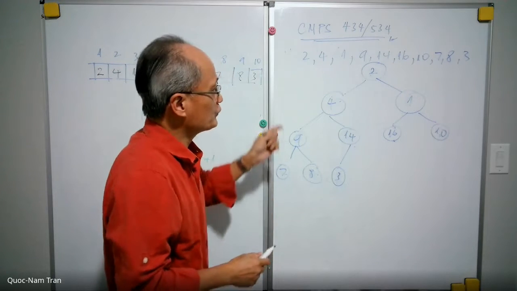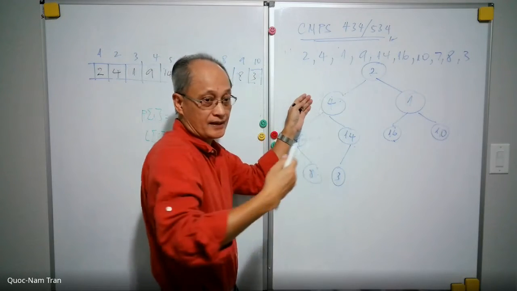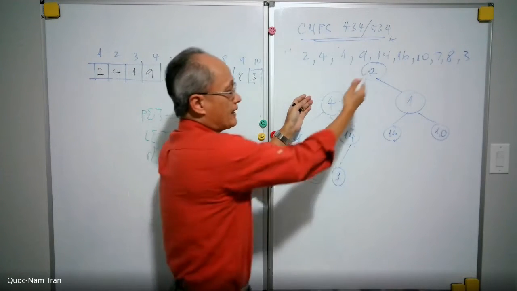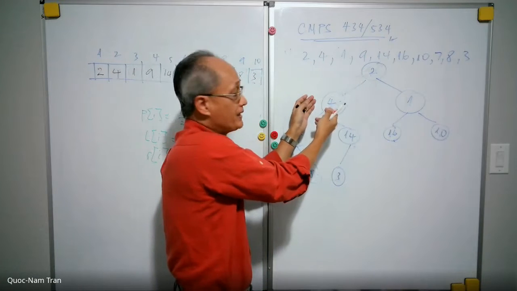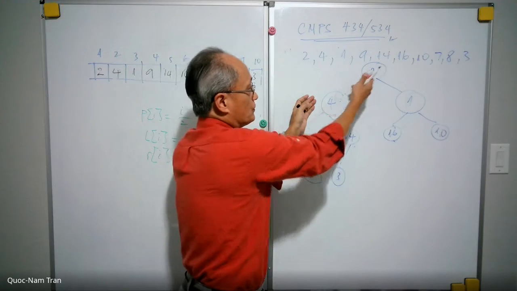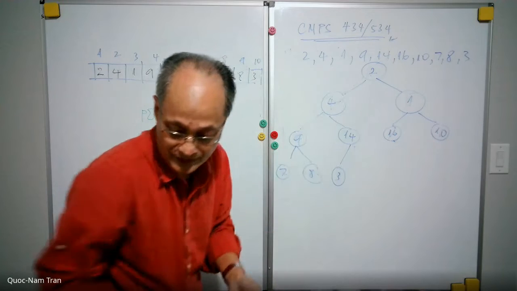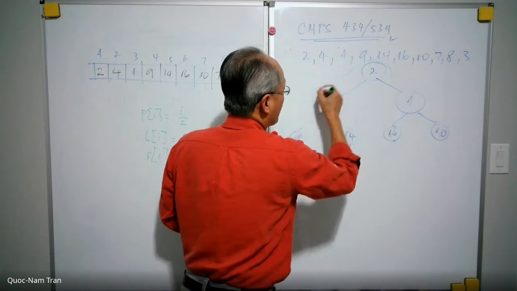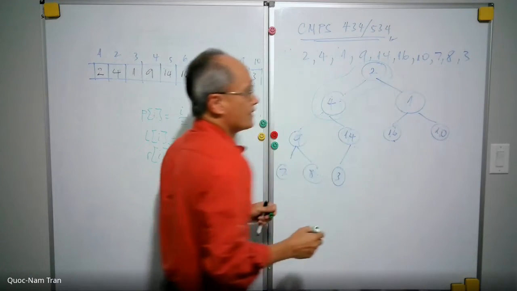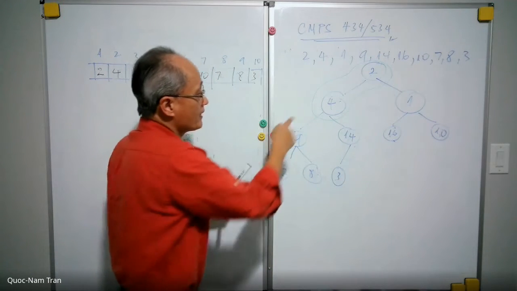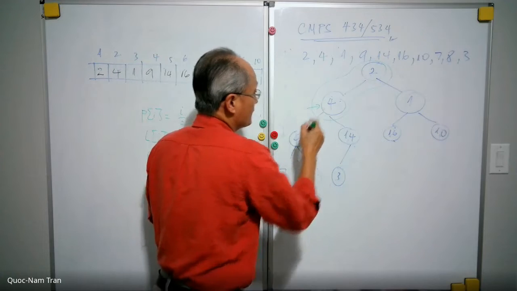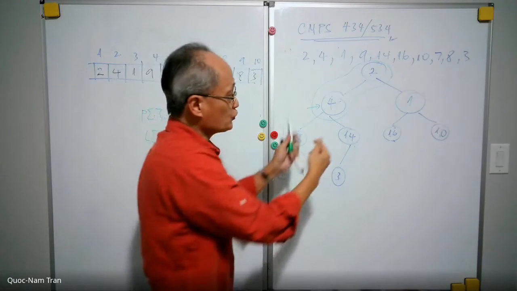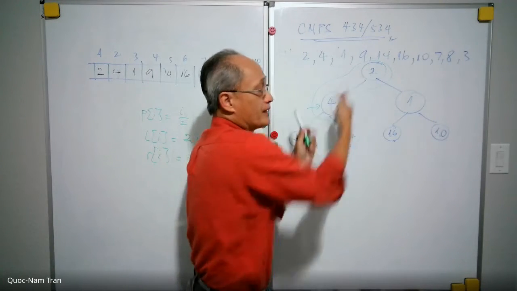So now we will try to consider the next subtree that has one more element, meaning here we have 2 and 4. So we consider this subtree by adding one element at a time. Okay. So when we look at this node, we will try to compare with the parent.